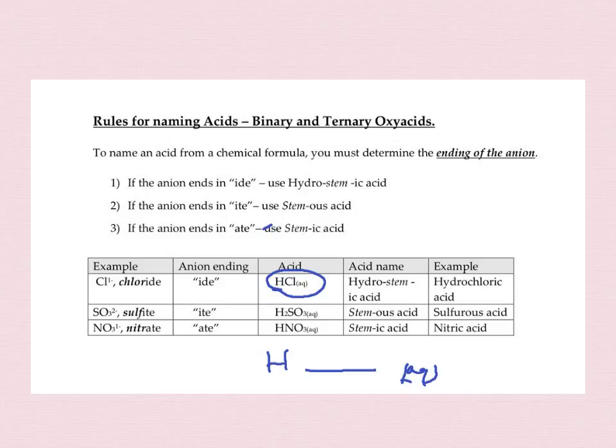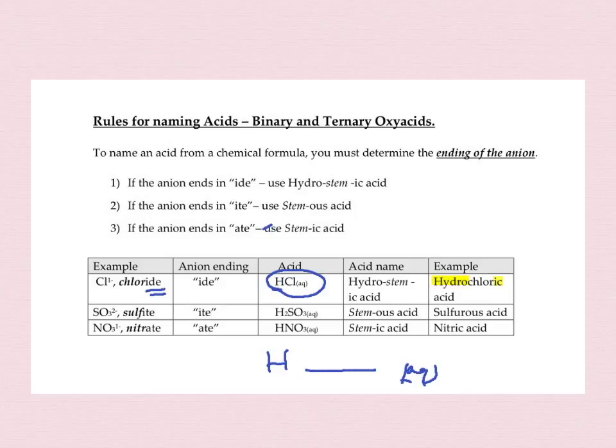The anion is chloride. An IDE ending gets changed. The IDE ending gets dropped and it becomes an ic, and we add a prefix to the front of hydro. Therefore, HCl is called hydro, the chlor stem word, and the ending ic.